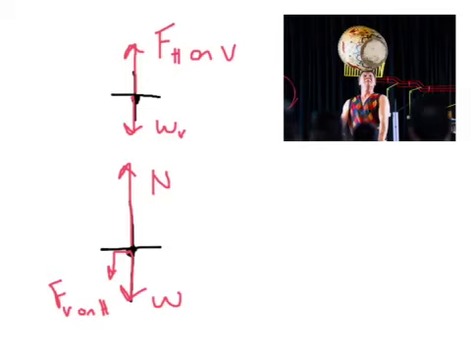No net force here, so in this case our net force is 0, and the same is true for the acrobat. Net force is 0, but the forces acting on them are the weight force on the person, the normal force from the ground on the person, and the force of the vase on the head of the person.